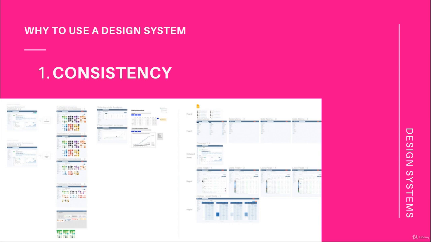So elements that you're going to reuse multiple times in the design project, such as buttons, input fields, menus, headers, footers, and so on. So consistency is for sure one of the most important things that you can have when you set in place a solid design system.